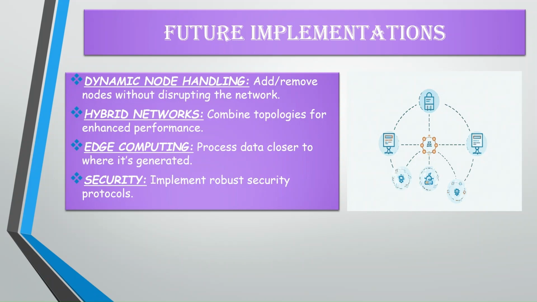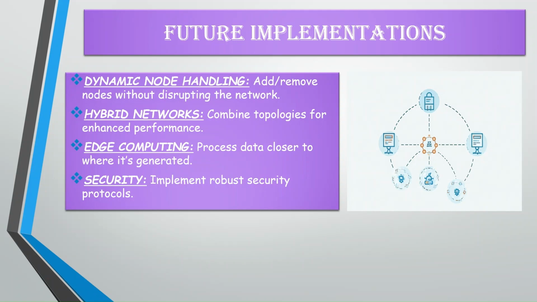In conclusion, we have successfully simulated and visualized multiple IoT network topologies, gaining valuable insights into their characteristics and performance. Through our analysis, we have identified the strengths and limitations of each topology. This knowledge will help us make informed decisions when designing and implementing IoT systems. Looking ahead, there is significant potential for future developments to optimize IoT networks.